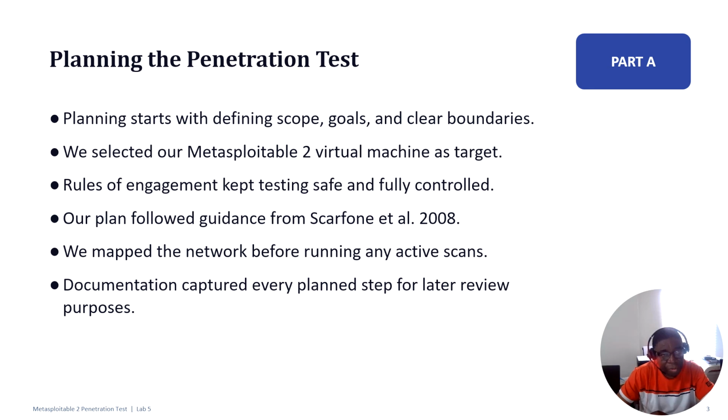My overall approach followed the structured methodology described by Scarfone et al. 2008, which emphasizes planning before any active scanning begins. I also mapped out the network first, so I understood what I was working with, and I documented every step as I went, so I have a clear record to reference later.